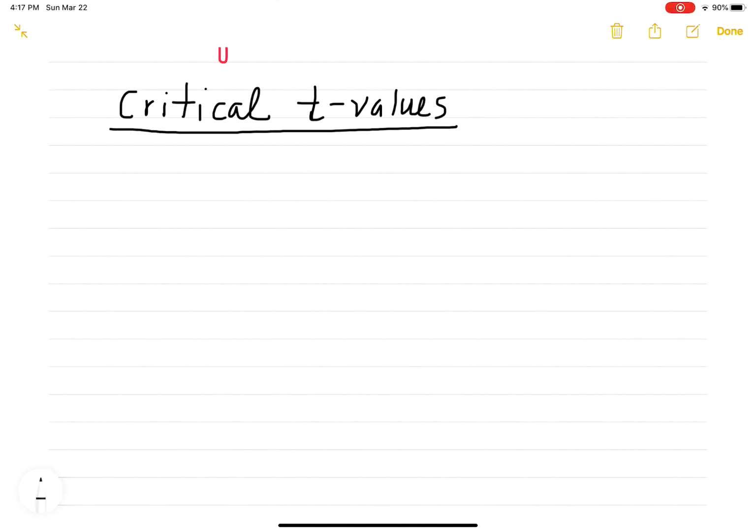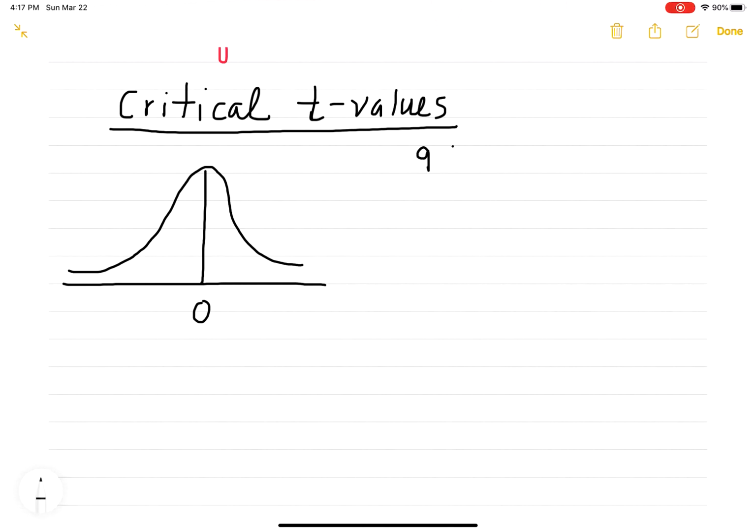So for example, let's say I have a t-distribution here. Looks a lot like the z. Zero's in the center. And let's say I want to focus on the 95% confidence level.